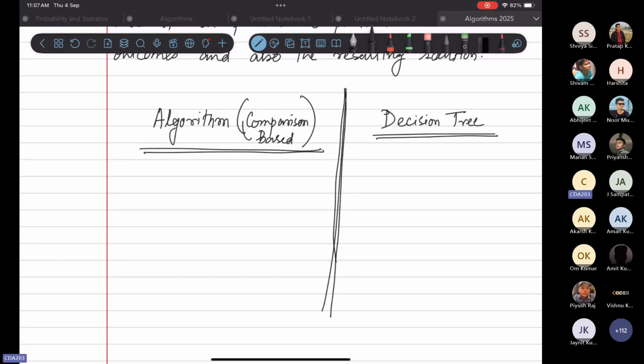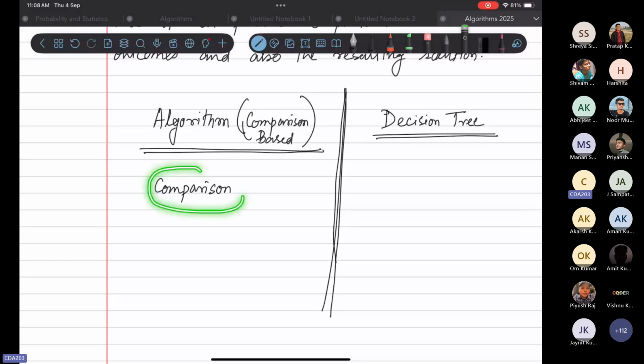Okay. Now let me ask you something. These are comparison based algorithms. Can you tell me, in a comparison based algorithm, whatever algorithm this is, there must be some kind of comparison, many comparisons.